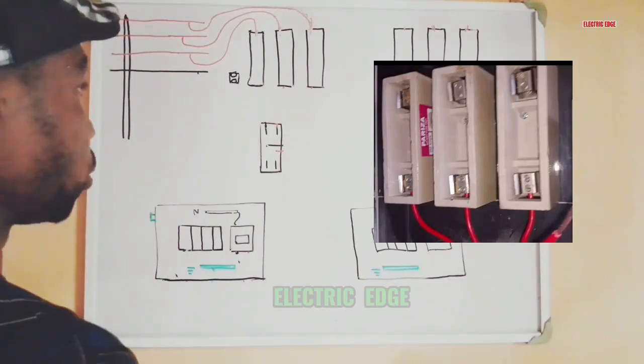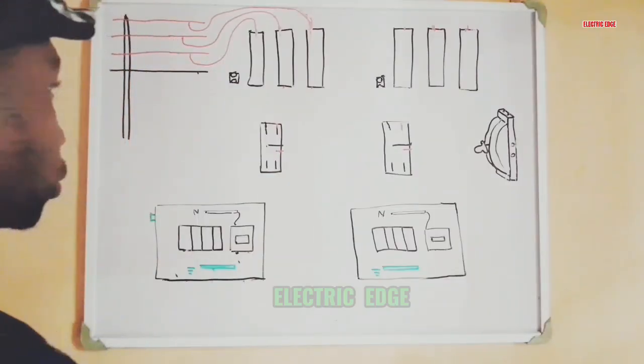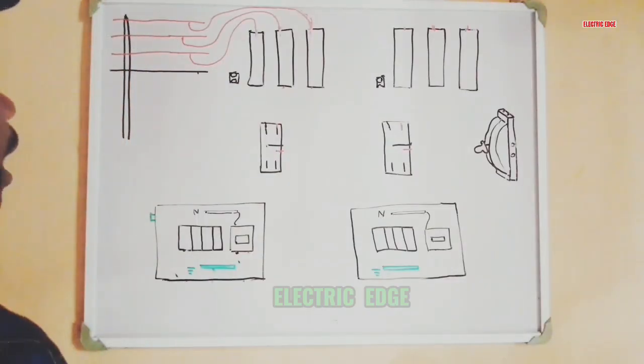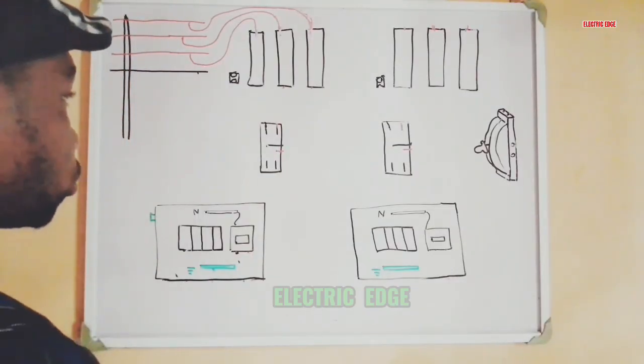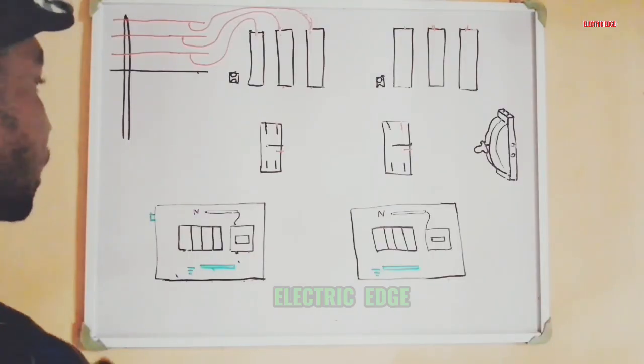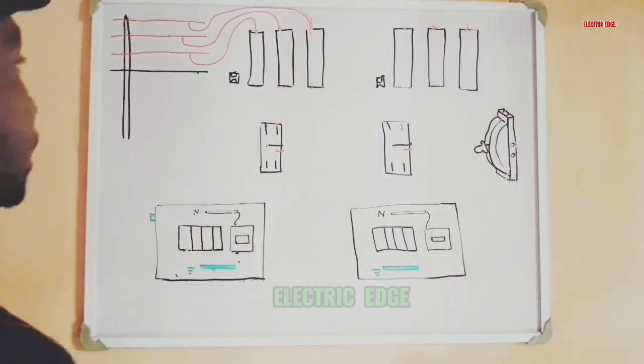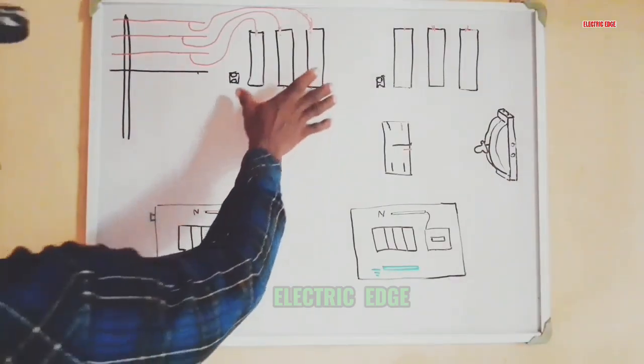Whether the distribution boards are going to be single-phase or three-phase, I just want to show you the demonstration so that whether you are a beginner or you want to update, you don't make a mistake in your supply.